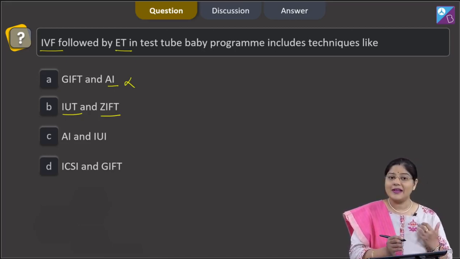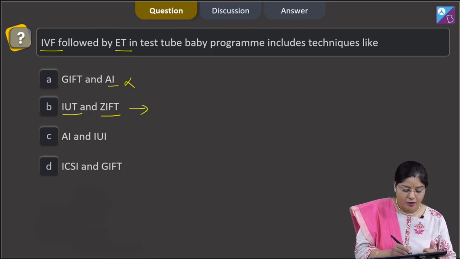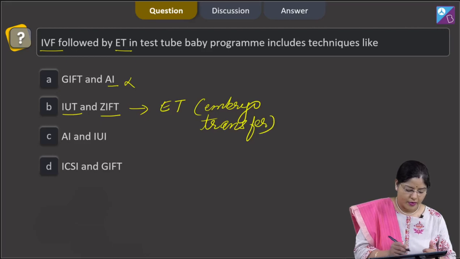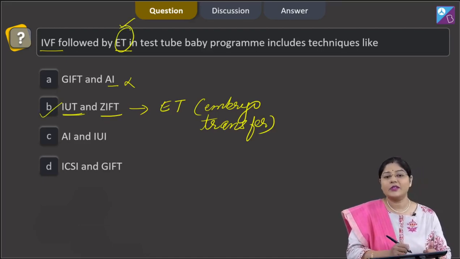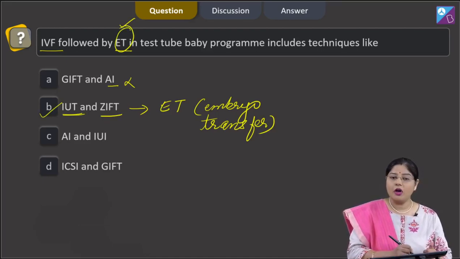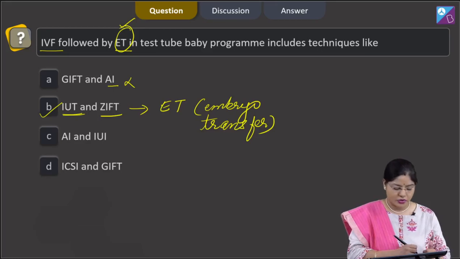So, IUT and ZIFT are part of ET, that is embryo transfer. So, the correct answer to this question is the second option. Let us see third and fourth options also.